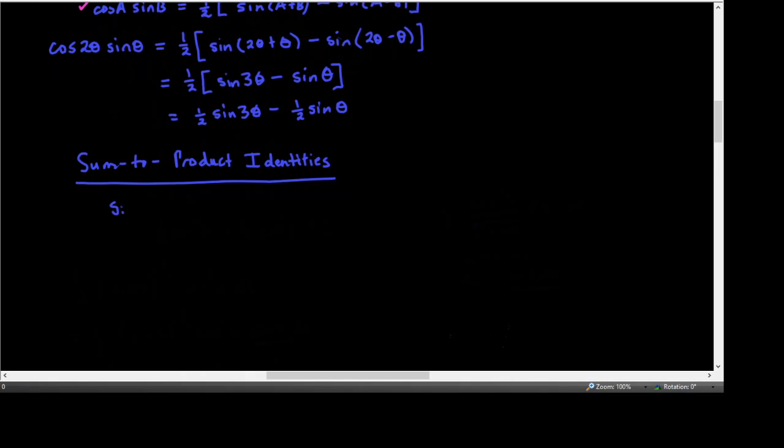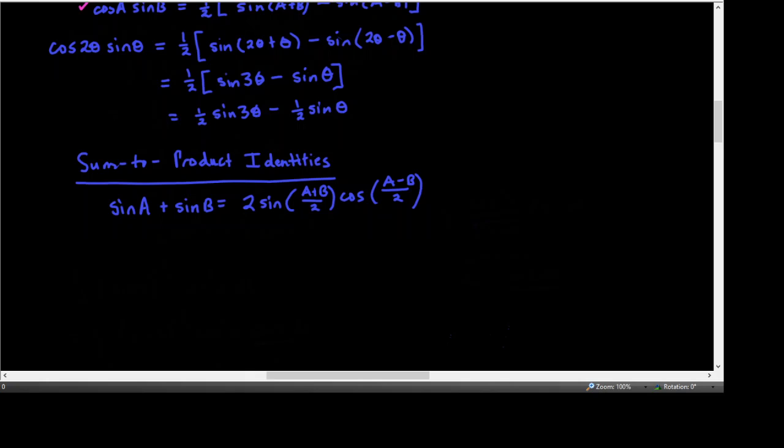So the sine of A plus the sine of B, that's a sum of two functions. And we're going to turn that into a product. And that becomes 2 sine of A plus B over 2 times cosine of A minus B over 2.